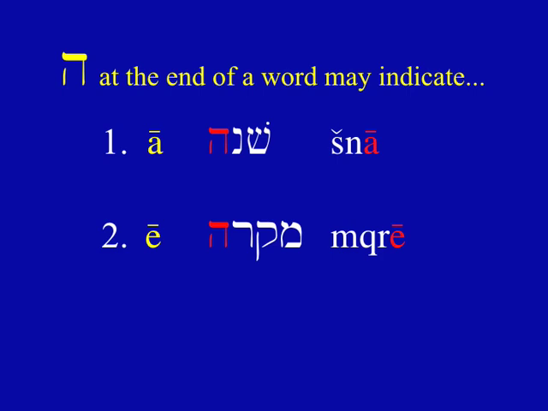Similarly, the E with a line over it in our transliteration system does not represent the sound E, but rather the sound A. So here, at the end of this form, mikre, the scribes have used the hey at the end of a word to represent the long vowel A.